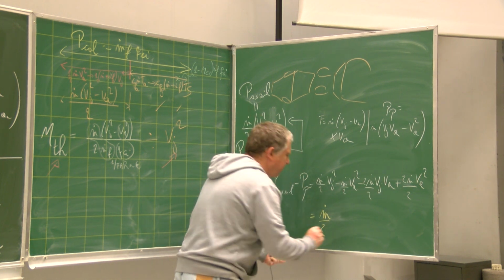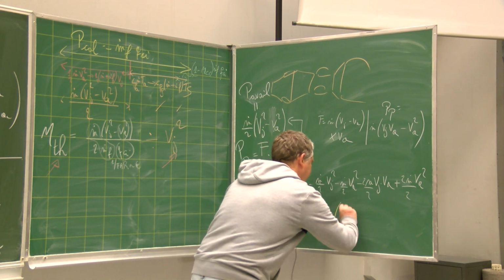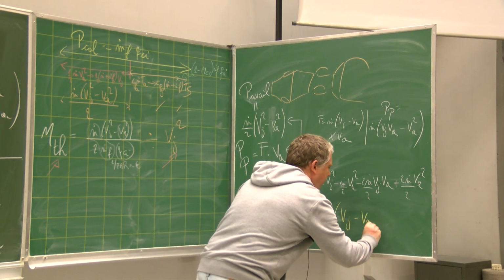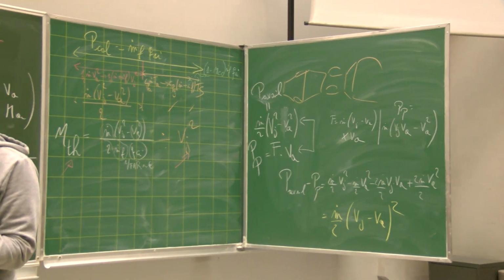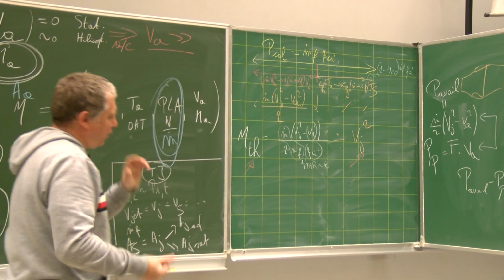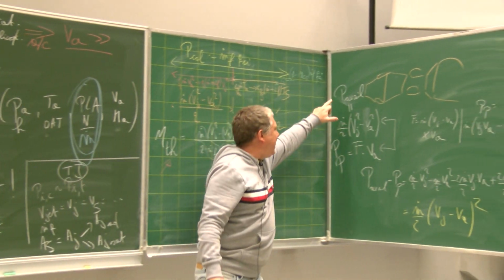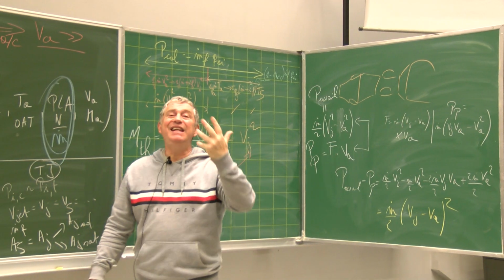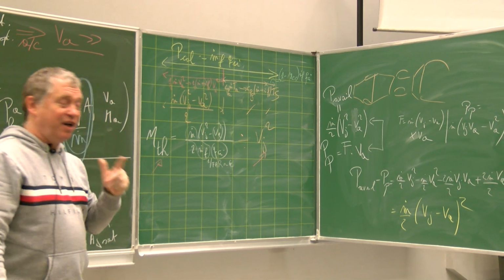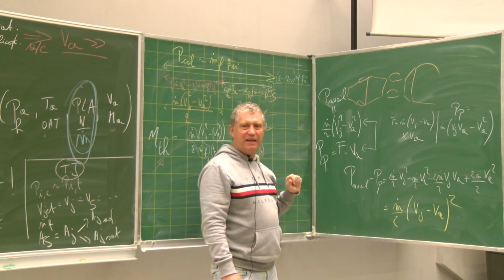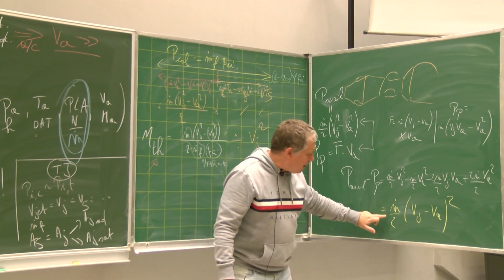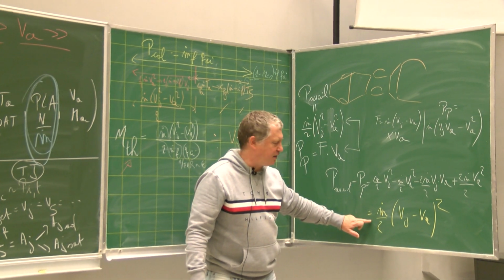So this becomes something like this, and here you have Vjet minus VA, squared. So you see that not all of the available power, this kinetic power increase, is used to create the propulsive power. You have this as a difference.